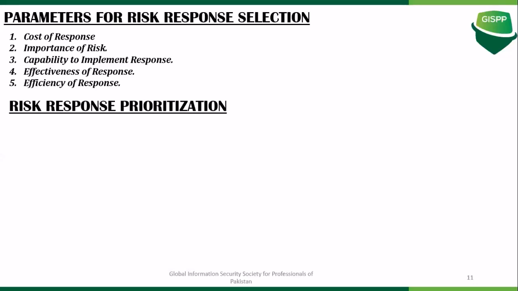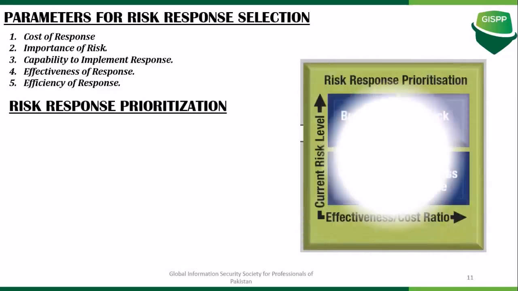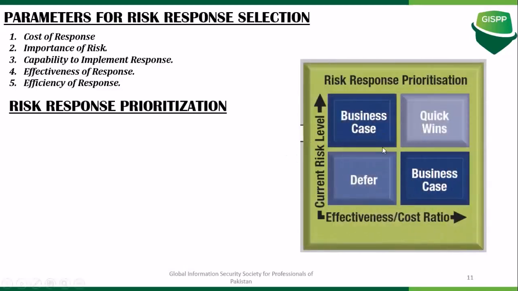But it is quite likely that the amount of effort required for the mitigation or the transfer will exceed the resources that your organization has. So in this case, you need to prioritize those risk responses, and you can do that by classifying them into three categories. One is the business case, the other one being quick wins, and the third one being deferring the risk response.